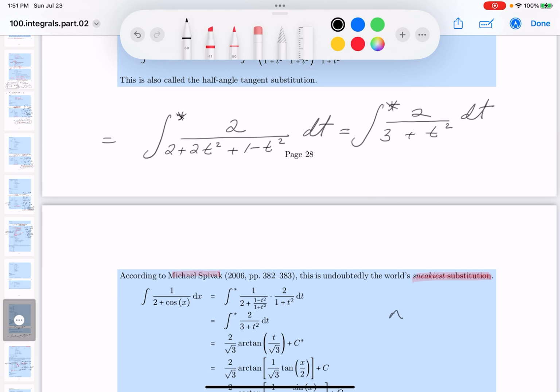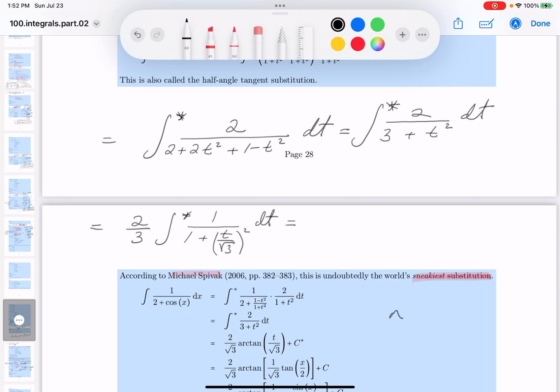All right, what I'm going to do here is factor out a 2 on top, and I'm going to factor out a 3 in the bottom. And what do you get? You're going to get 1 plus t over root 3, squared, dt.